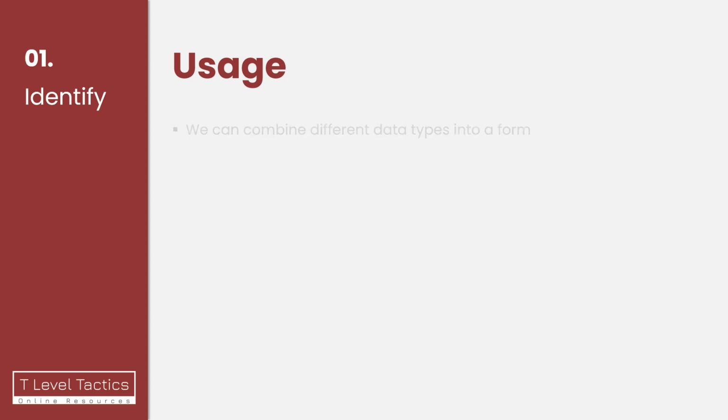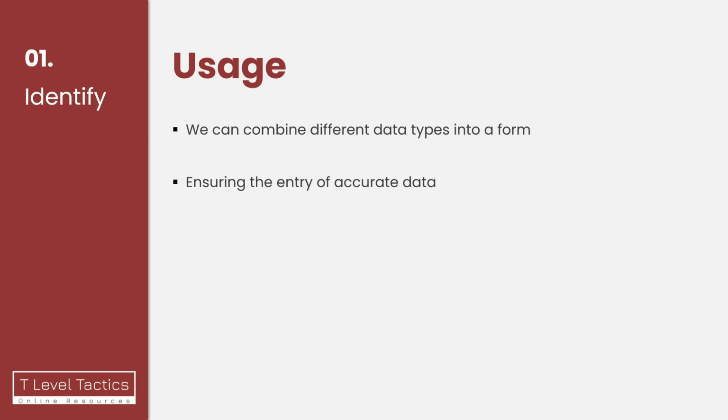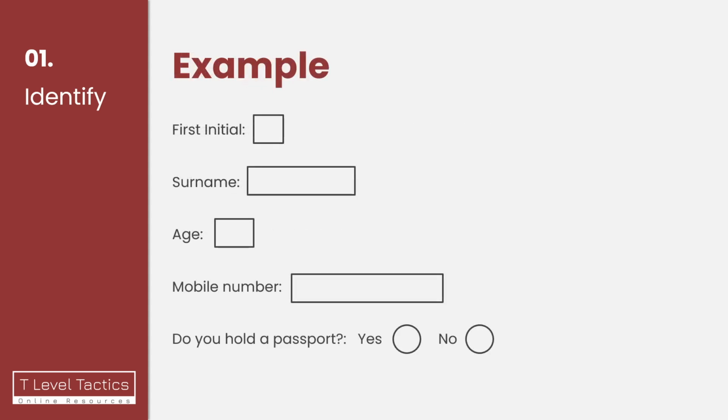We can combine different data types into forms, ensuring the entry of accurate data and preventing data errors. Let's take a look at an example of where we might use this. Here's a very basic form with a variety of different boxes and also some different options at the bottom here.